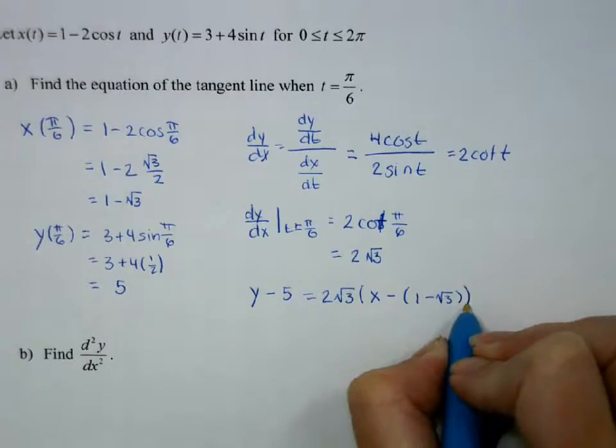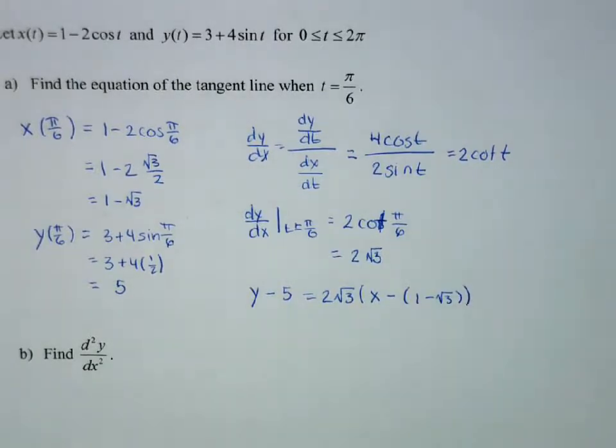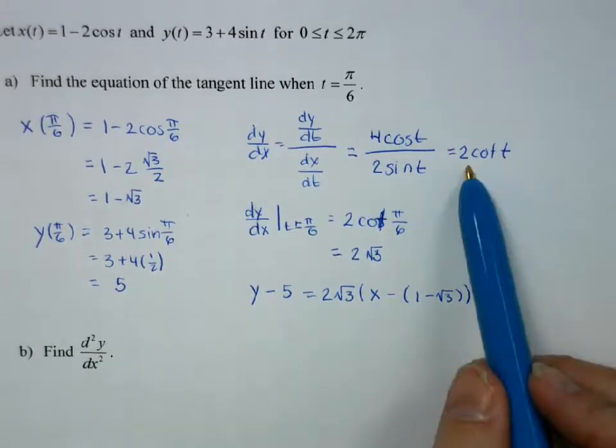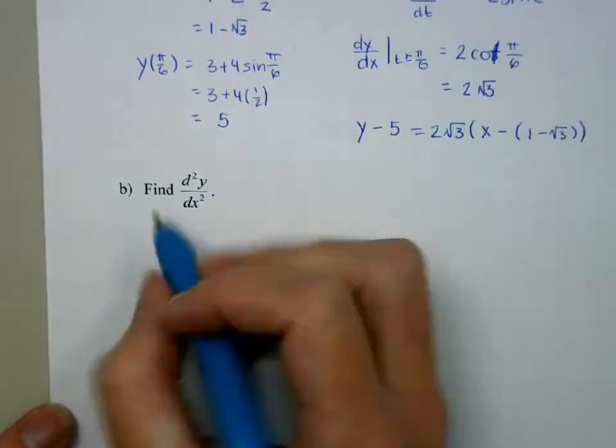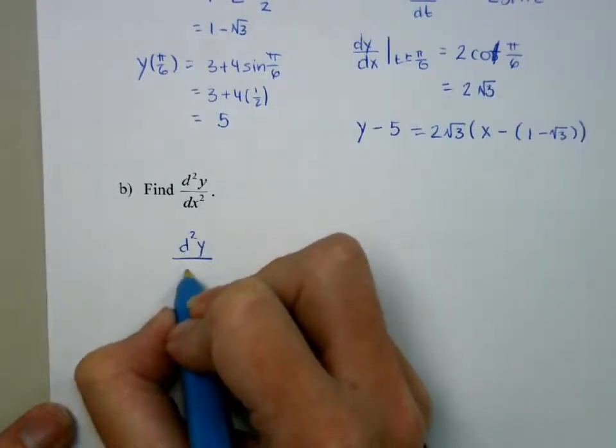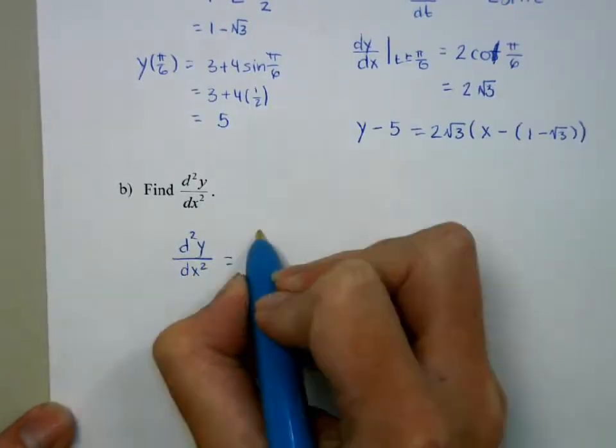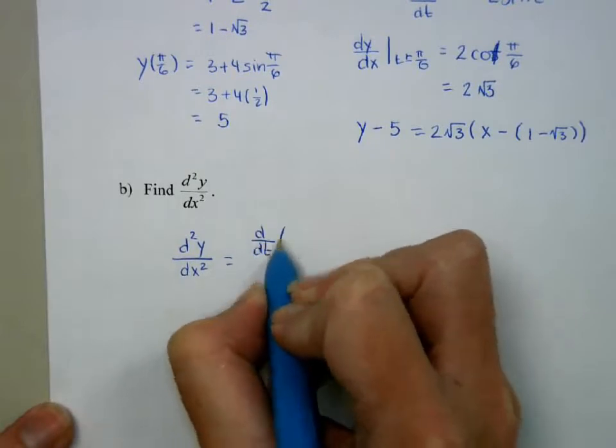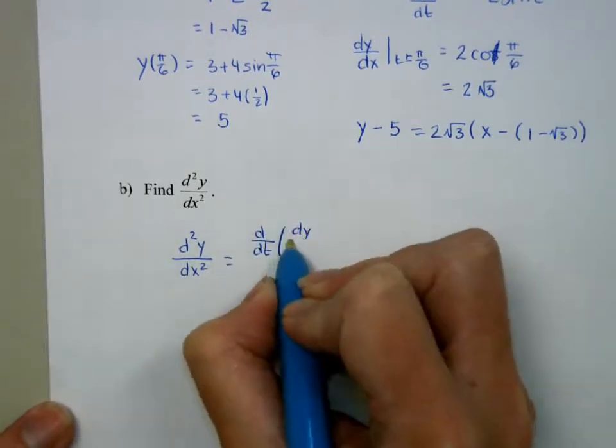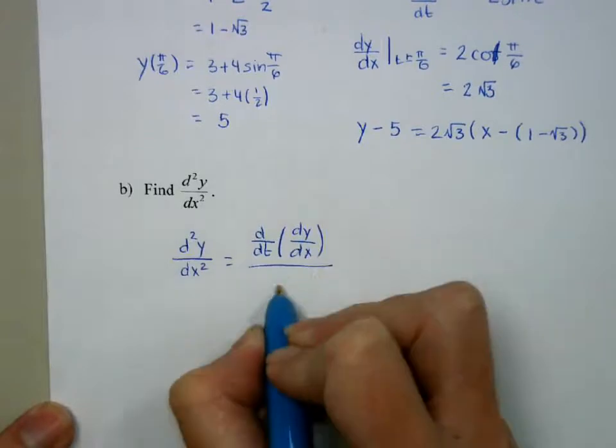The second derivative, we're going to use this cotangent. The second derivative in parametric is d dt of dy dx over dx dt.